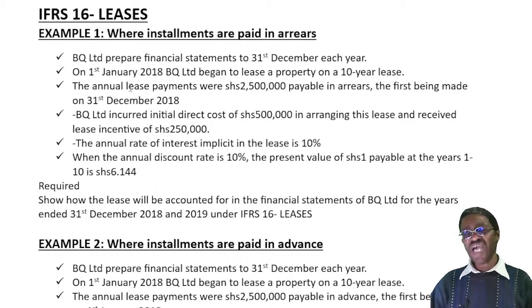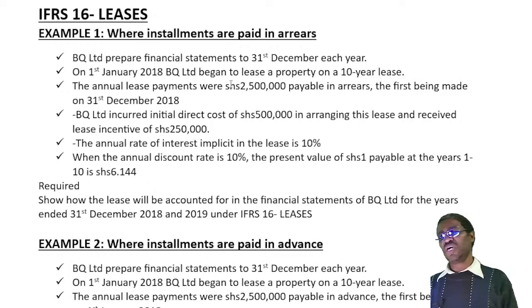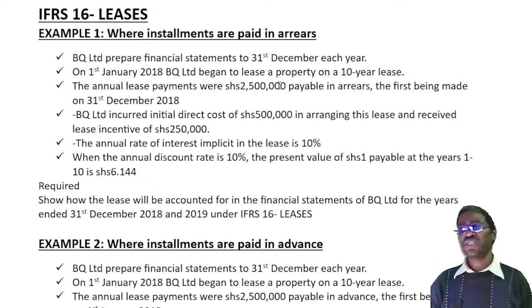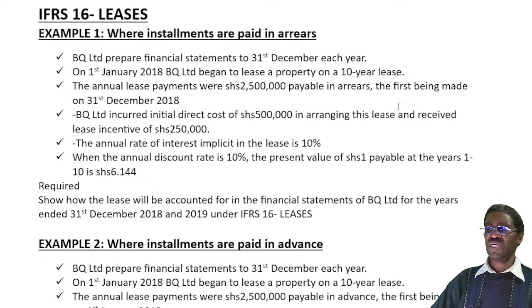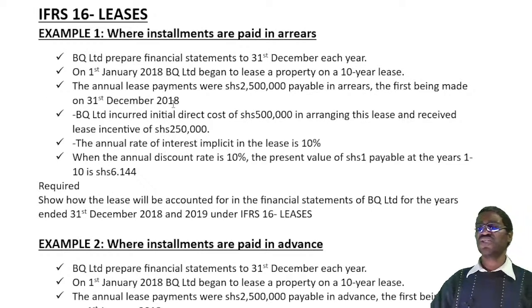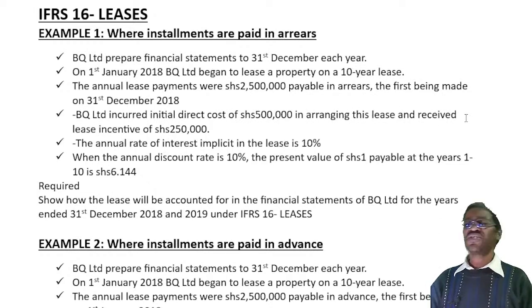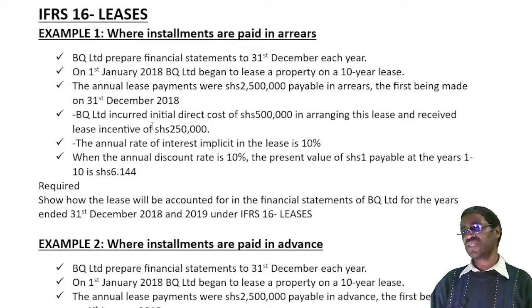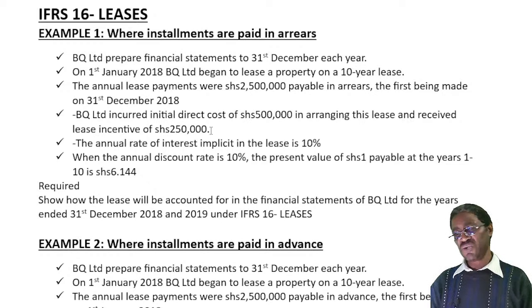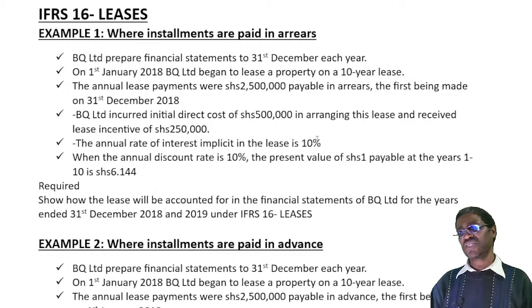The annual lease payments were 2.5 million payable in arrears, the first being made on 31st December 2018. BQ incurred initial direct cost of 500,000 in arranging this lease and received lease incentive of 250,000. The annual rate of interest implicit in the lease is 10%.